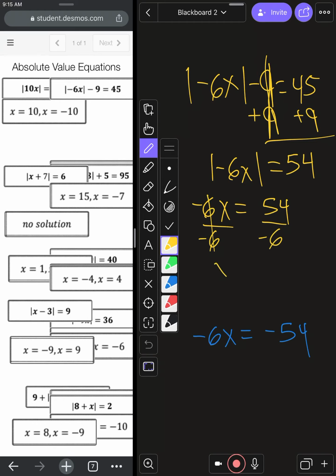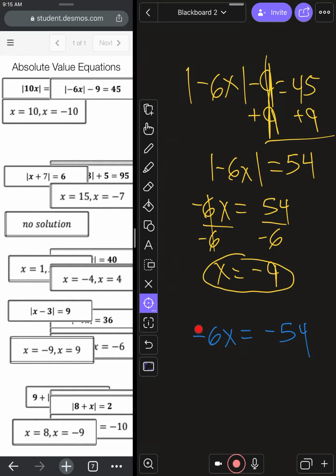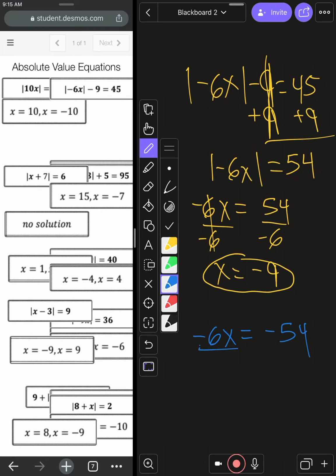That's gone, cancels out. X equals 54 divided by negative 6. Positive divided by negative is negative. 54 divided by 6 is 9. That's one answer. If I go down here and solve that, I'll get my second answer. So I divide both sides by negative 6.